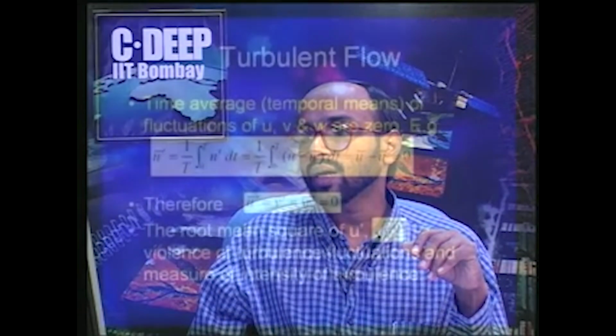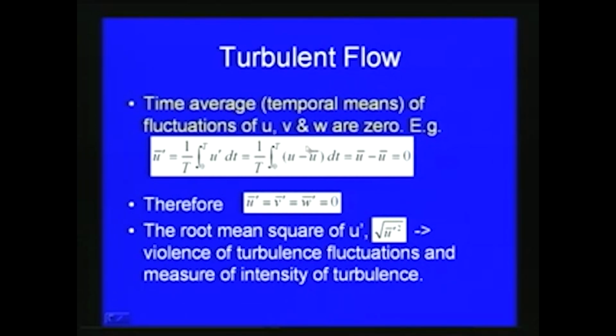And then the time average of fluctuations: you can see that u dash, v dash and w dash are the fluctuations we consider over a long time, and the time average of the fluctuations will be 0. For example, if you consider the mean value of the fluctuations, u dash bar is equal to 1 by t integral 0 to t u dash dt.